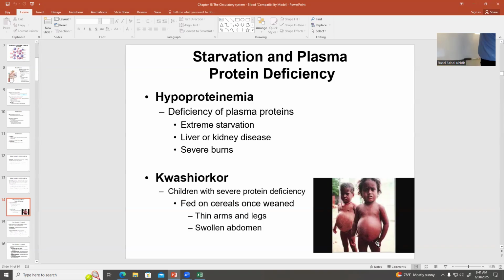The blood has no protein, but the tissue has a lot of protein. So water starts moving from blood to the tissue in their abdomen. That's why they have these really big bellies. That make sense? Because of the hypoproteinemia.